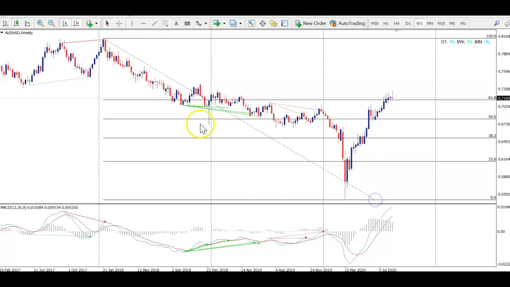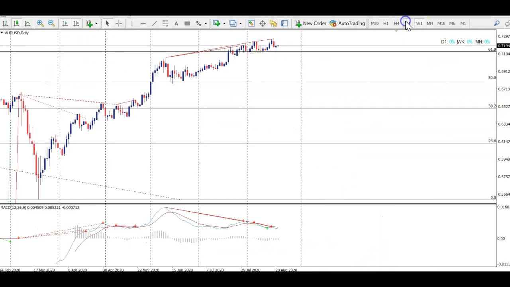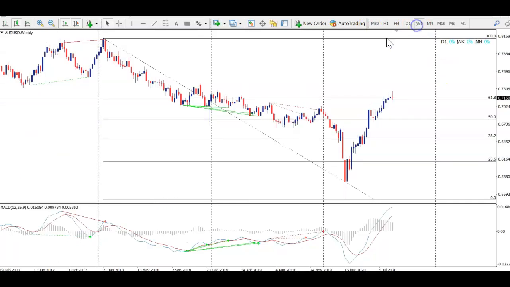You can see from this huge move down from 2018, we are at the 61 Fibonacci line on that trend down, the retracement.